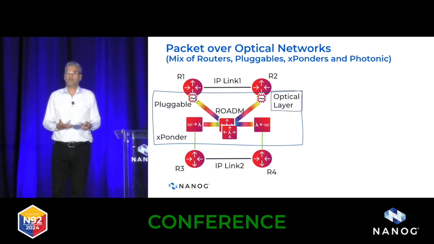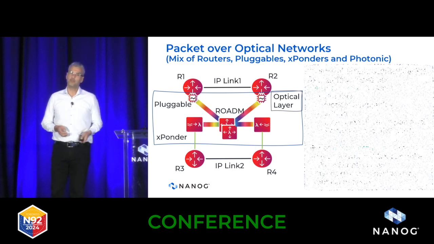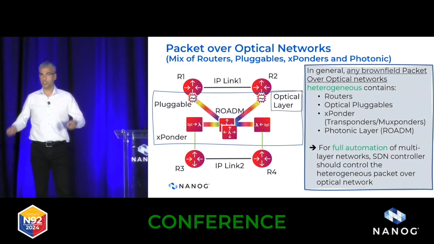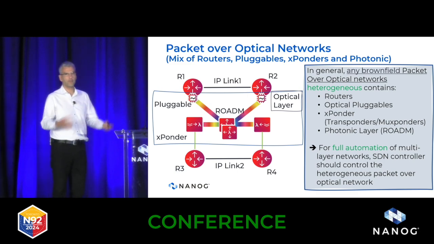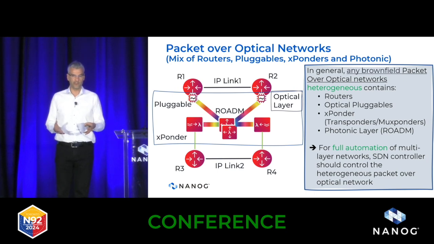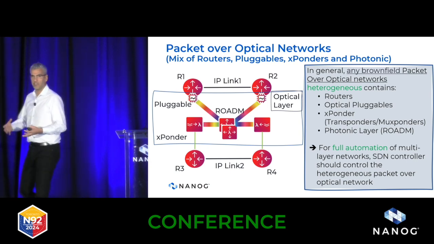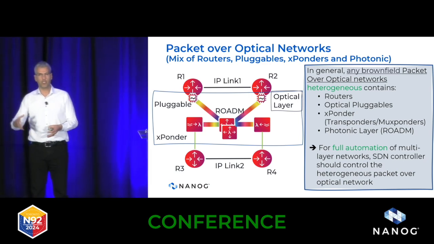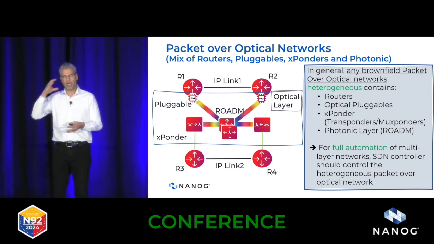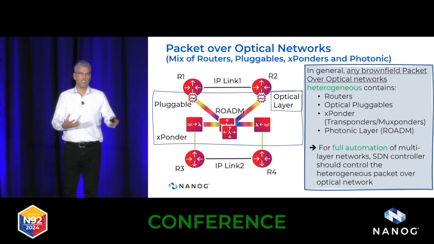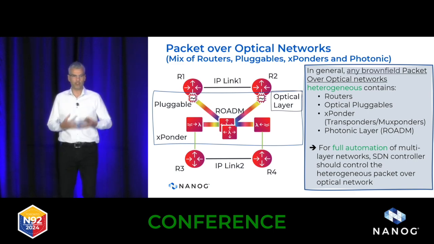What this picture is trying to say is that in a heterogeneous network, I have a combination of routers, optical line systems, photonic optical pluggables, and muxponders. In other words, everything is inside your network. And when we are talking about automation, you have to think about a network which technically has all of this together.